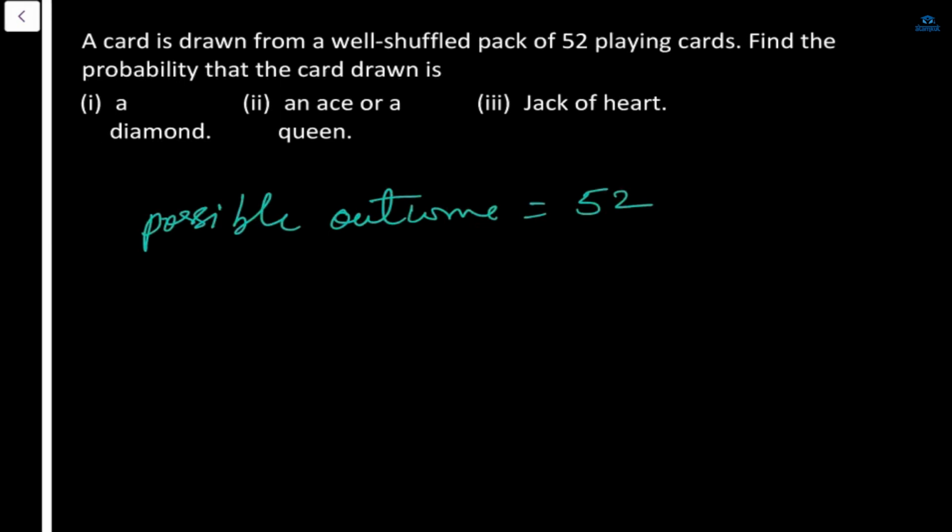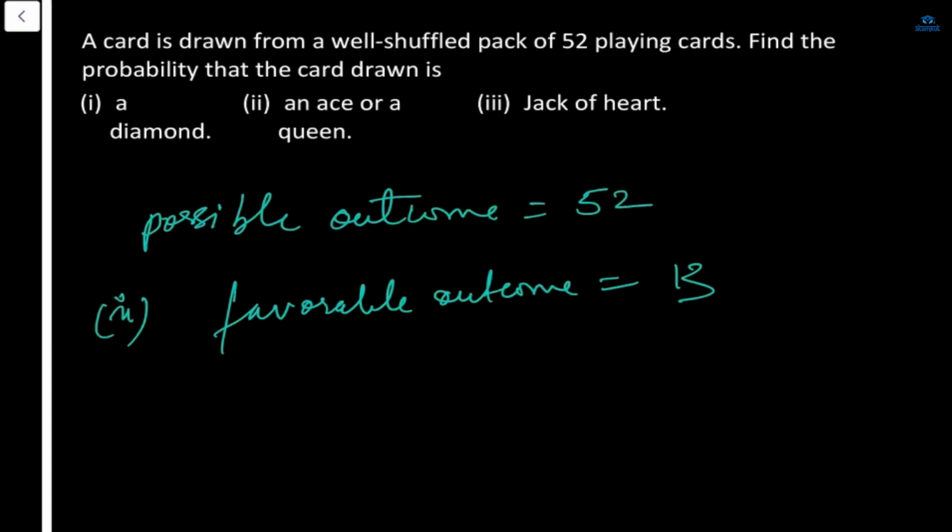Favorable outcomes will be diamonds. We have 13 cards of diamond. So the probability of getting a diamond card will be 13 upon 52.